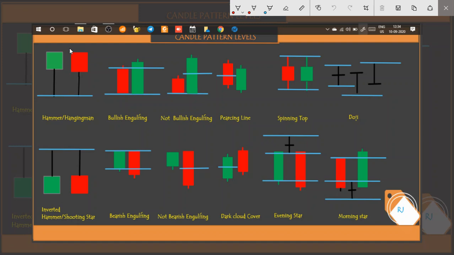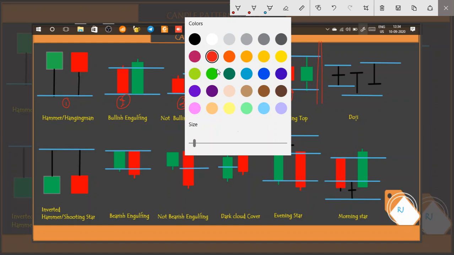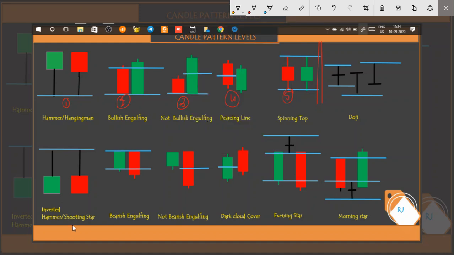On my screen you can see some of the candlestick patterns which can be used while taking a trade. These five patterns are considered bullish patterns, and these are considered bearish patterns.